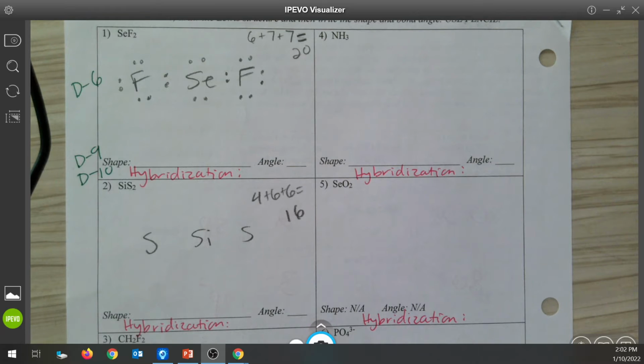I went 1, 4, 3, 5. See how the Si still doesn't have an octet? So you're going to have to make some double bonds, so erase those and move them to the middle, and erase those and move them to the middle. And so the sulfur still has an octet, and now the silicon has an octet also.